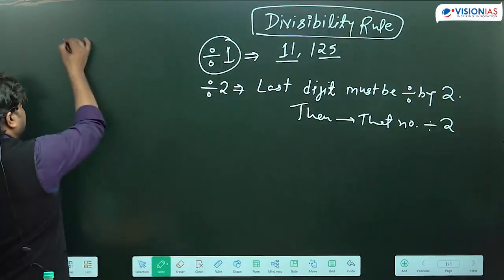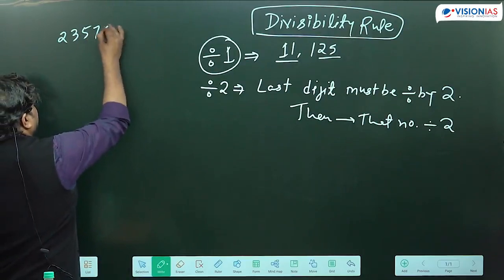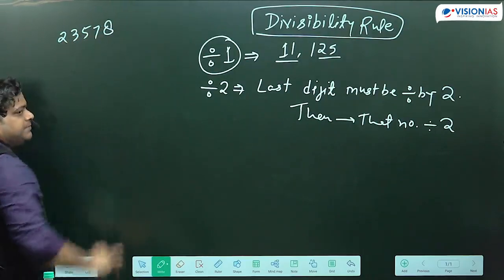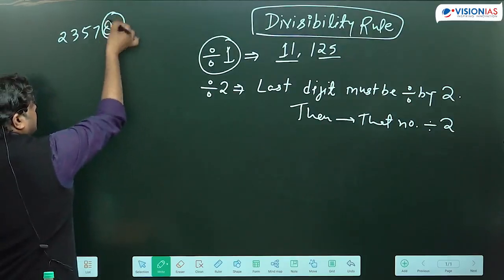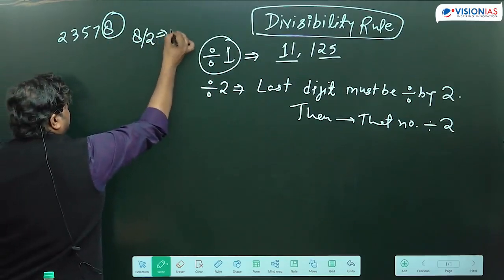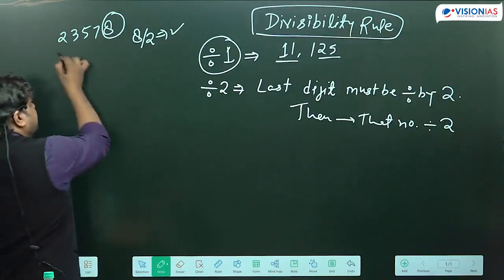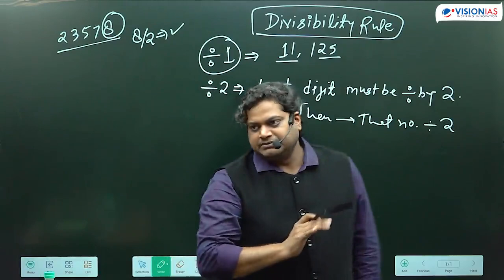If I take any number 2, 3, 5, 7, 8, is this number divisible by 2? So we'll take last digit, उसको will try to divide by 2. अगर पूरा divide हो रहा है, that means this number is also completely divisible by 2. This way we can understand.